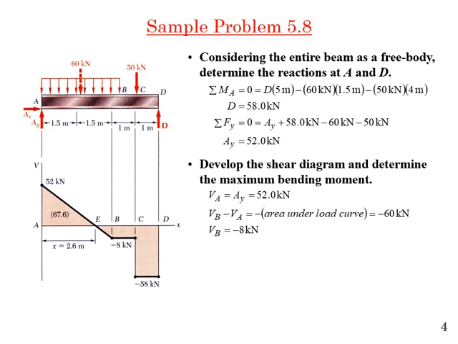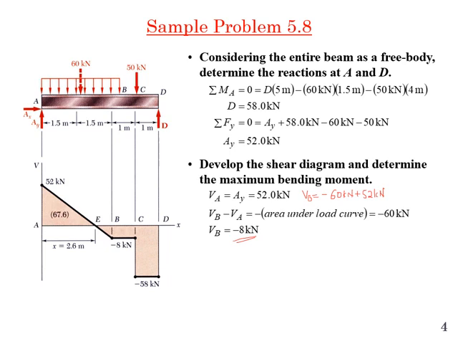So let me write over here, VB is equal to minus area under the load curve, that is 60 kilonewton, and plus 52 kilonewton, that is the value of VA. So VB is minus 8 kilonewton, and the variation will be linear.